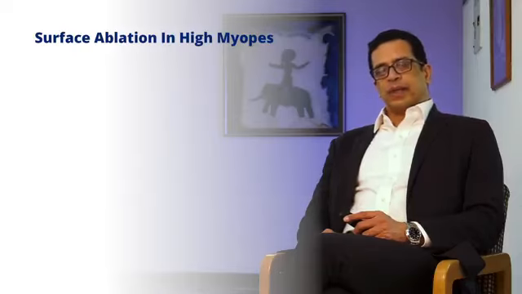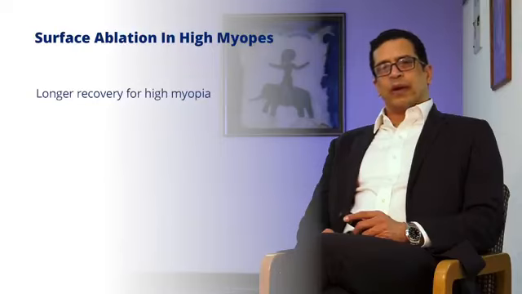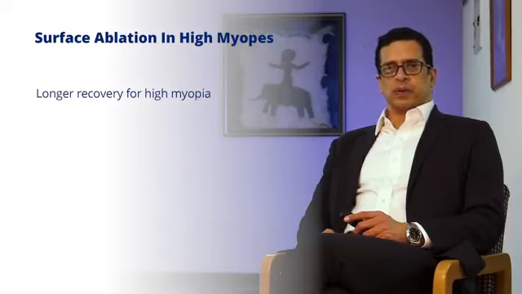So to conclude or summarize what we learned about doing surface ablations in high myopes, it seems as if from what we observe in the clinic, high myopes take a little longer to recover after PRK is done, and typically visual acuity takes about 3 months or so to stabilize. Though they can do pretty well in 1 month, it takes about 3 months or so for them to become really stable.